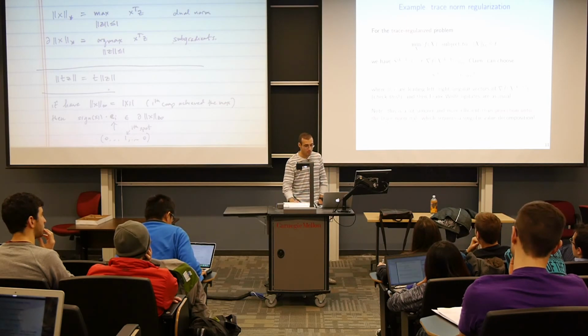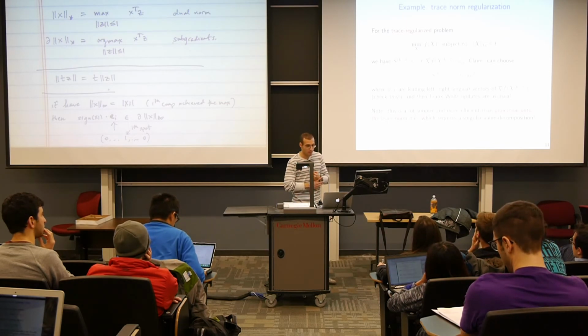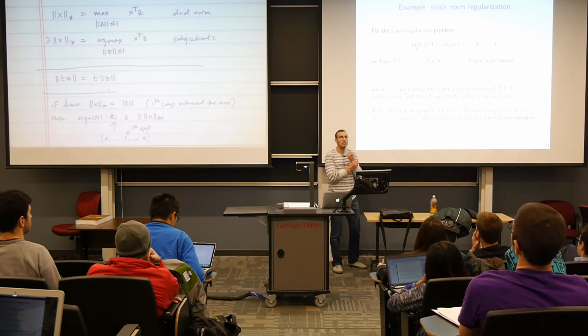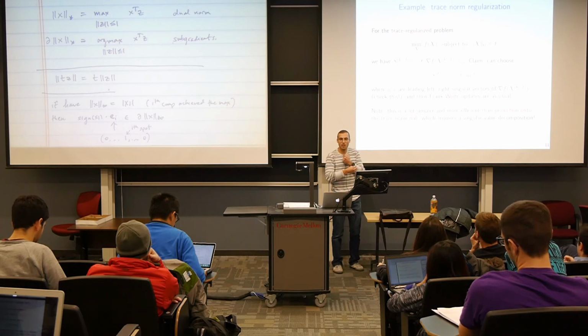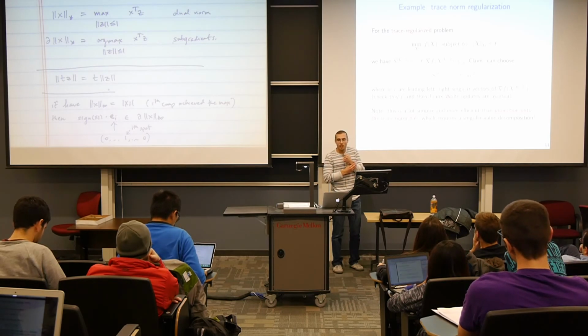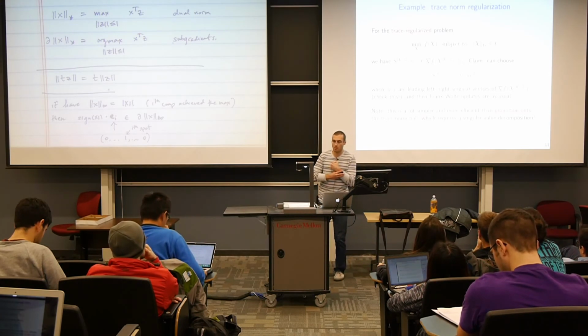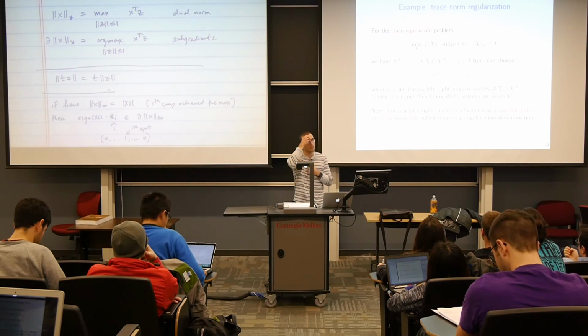Yeah, good question. We'll come to the convergence of Frank-Wolfe versus first-order methods in a bit. I'll just say now that they have the same convergence rates, so they have the same guarantees. In practice, I think most people would agree that they tend to make much less progress per iteration.